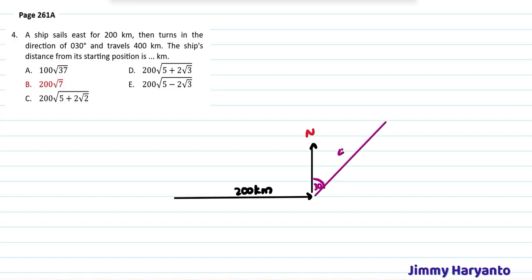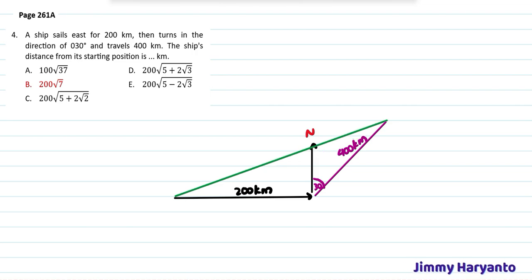It travels 400 kilometers like this, and then the question wants you to find the distance of the ship right now from its starting point. Okay, let's find this angle first. This one will be 90 degree. 90 plus 30 is 120 degree.